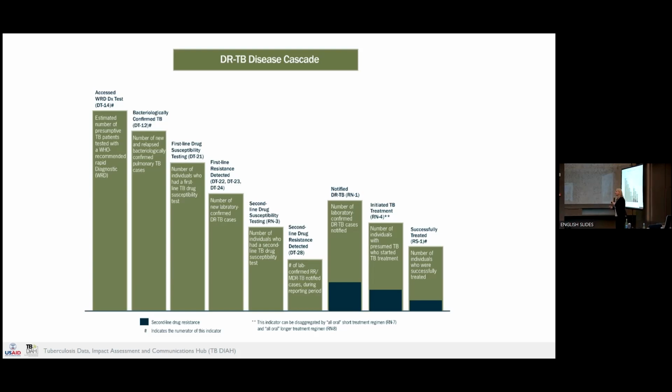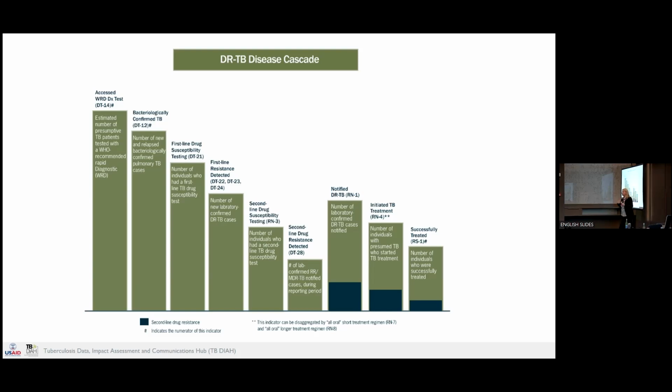We have twice as many notified DRTB, and of them the number who started treatment is higher compared to bacteriologically confirmed, and how many were successfully treated.